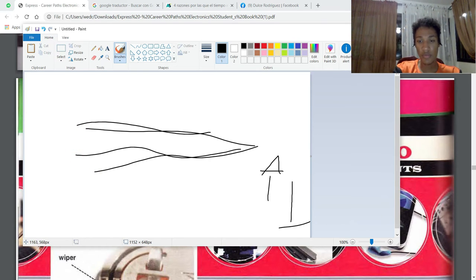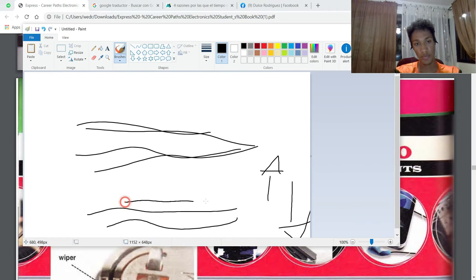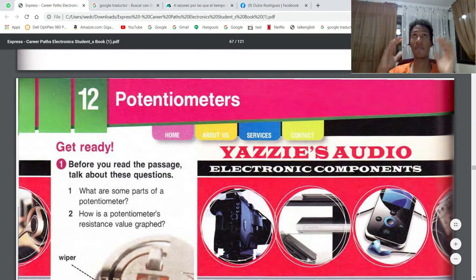When you put down, you have current, but not so much. So when the current is up, the amplifier can amplify the current, so the sound is more loud.